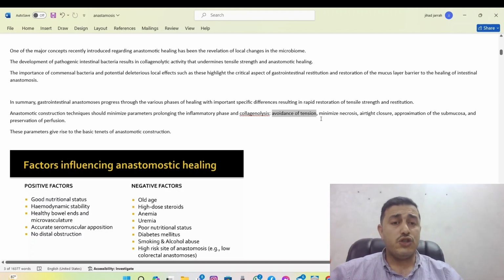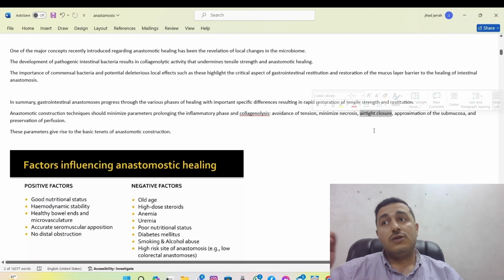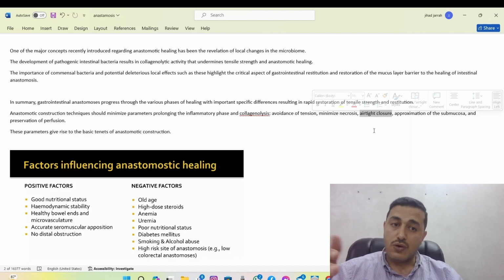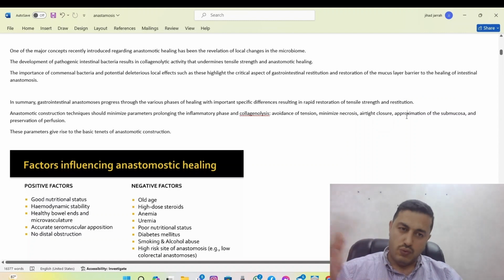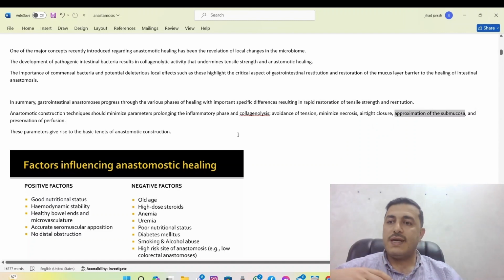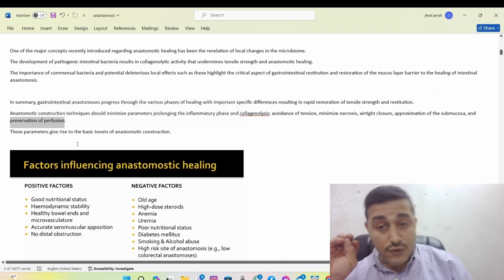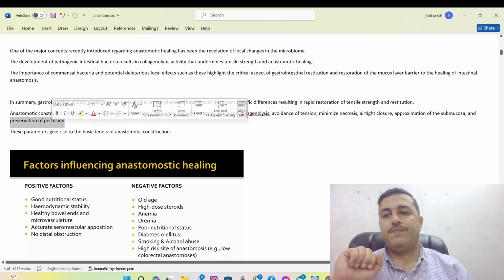So it should be tension free. Minimal necrosis, healthy bowel, airtight closure. How will we get to the airtight closure? By approximating serosa and submucosa, and preserving perfusion. We will talk about the perfusion and how to assess it.